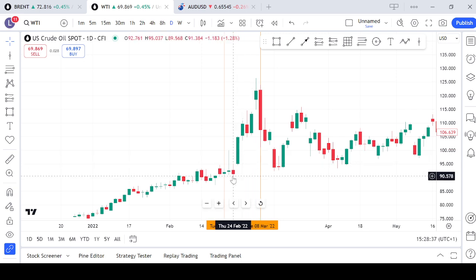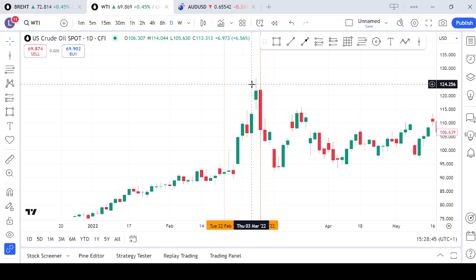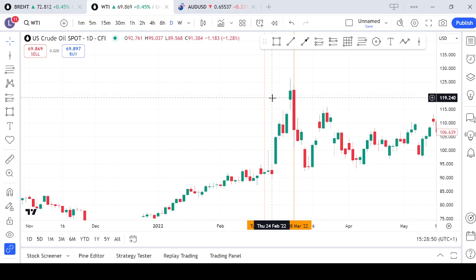You can see this spike from around $92 per barrel to over $123 per barrel, and that marked one of the largest price increases in recent history.